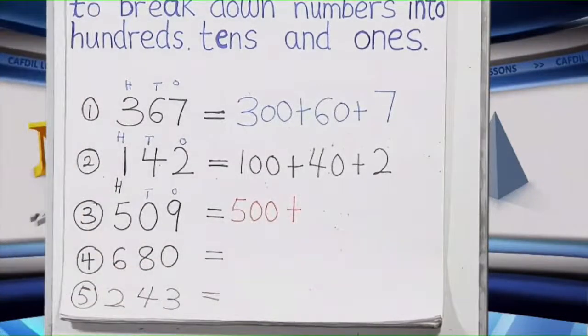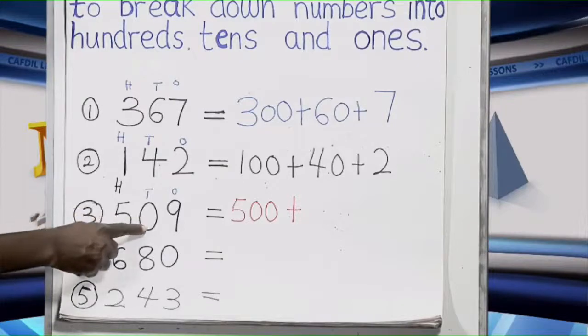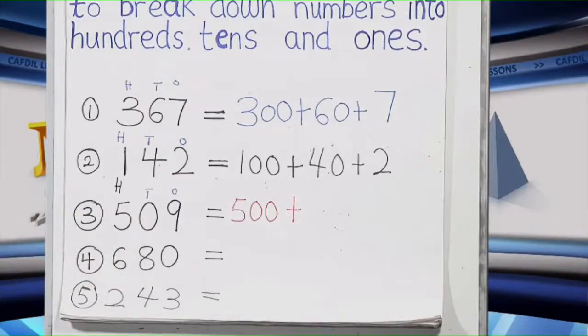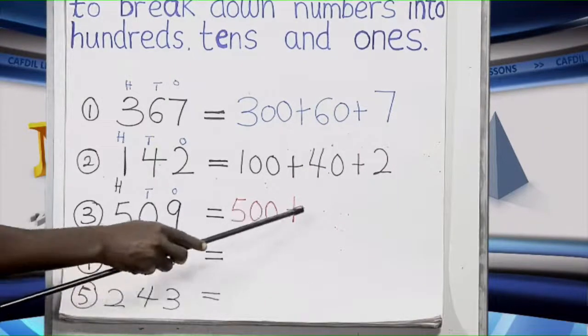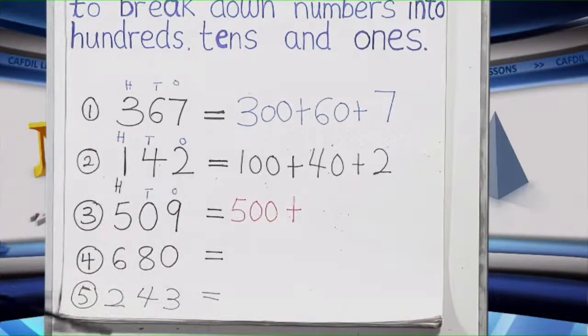So we have 500 here. Plus, now for the tens column, we don't have any value there. What we have there is 0.